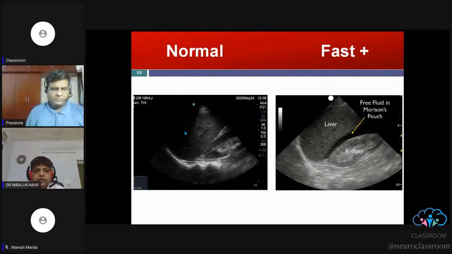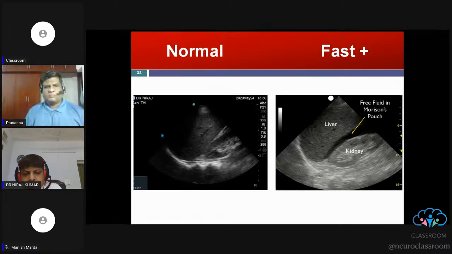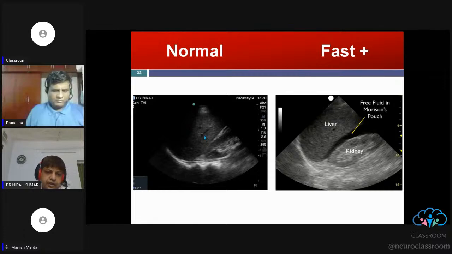First of all, you have to see this bright hyperechoic line, that is the diaphragm. This is my favorite structure, the diaphragm. Then you have to recognize this granular structure is the liver. Remember, we are using a curvilinear probe, so the marker is towards the left side.